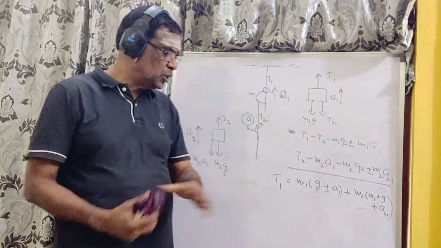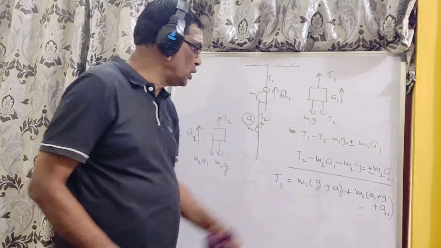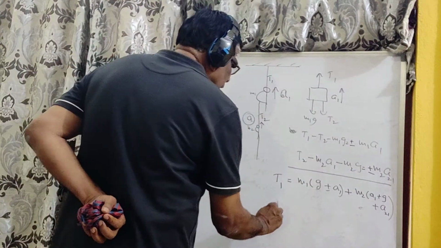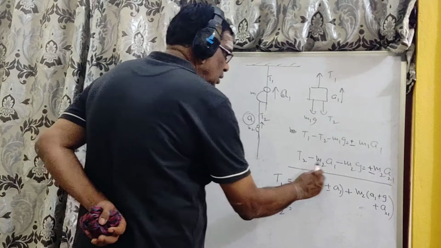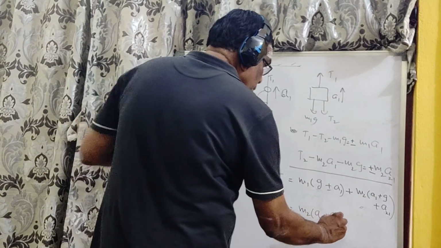Now all possibilities I have given in this. And you can similarly find out what is T2, you will directly get it. What is T2? M2 into A1 plus G.